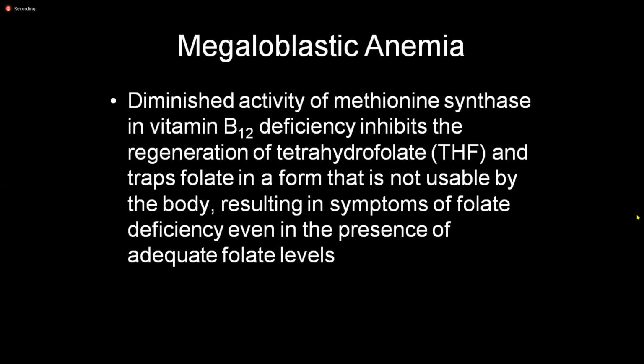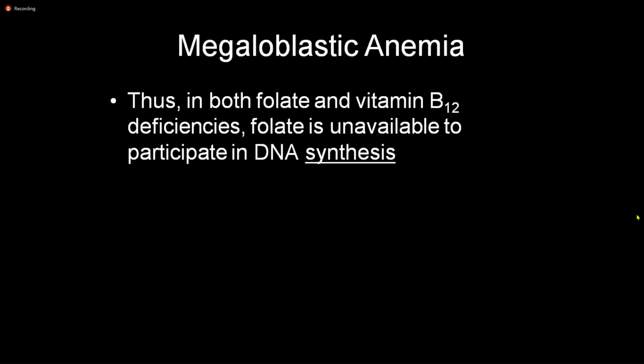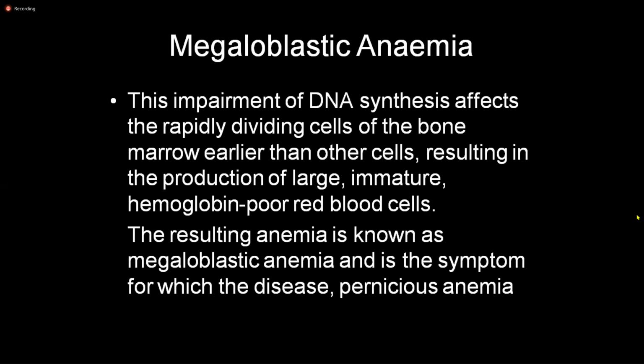Okay. Thus, in both folate and vitamin B12 deficiency, folate is unavailable to participate in DNA synthesis. This impairment of DNA synthesis affects rapidly dividing cells of the bone marrow earlier than other cells, resulting in the production of large immature hemoglobin poor red blood cells. Why hemoglobin poor red cells? Because of the deficiency of RNA methylation.